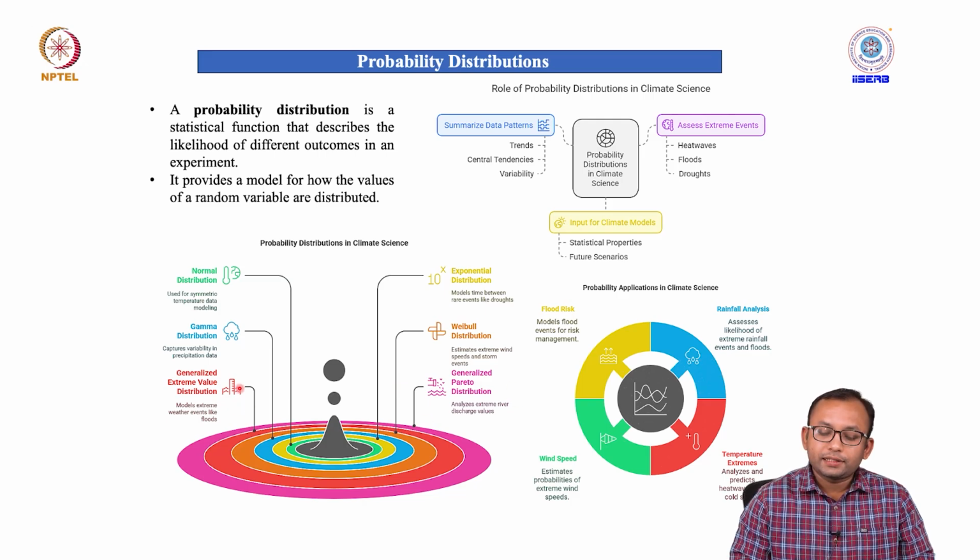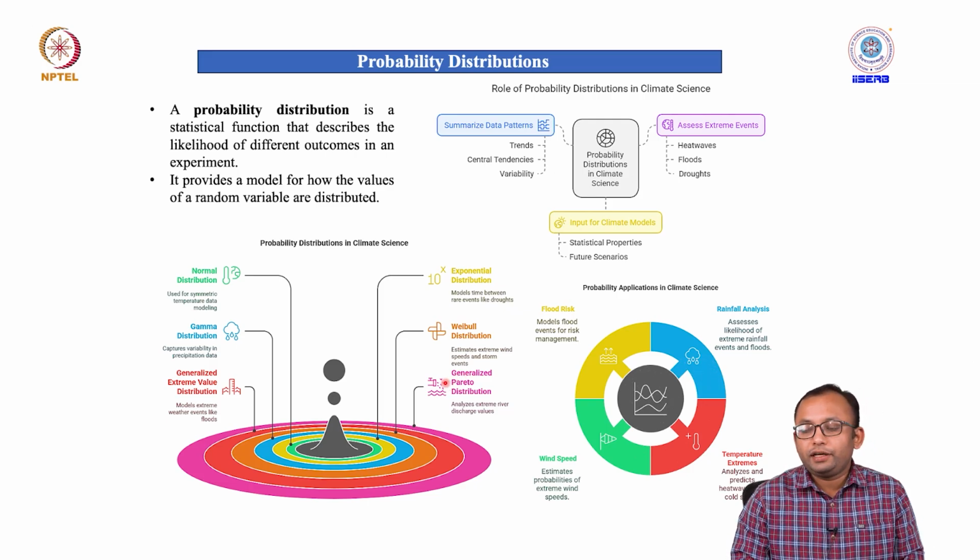So, generalized extreme value distribution and GPD we have talked about in the sense of extreme value analysis, where one is primarily used for the block maxima approach and another is primarily used for threshold, peaks-over-threshold methods.